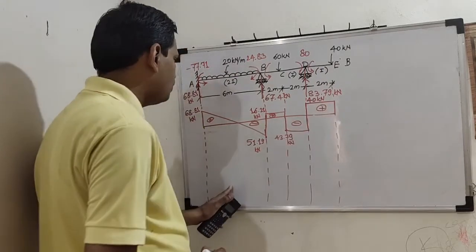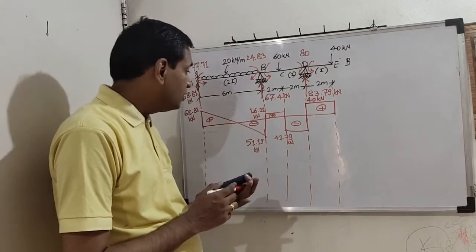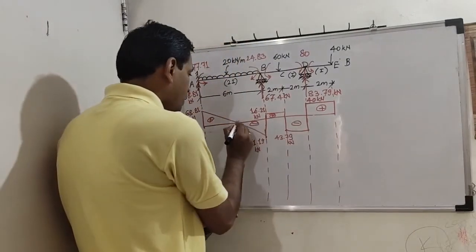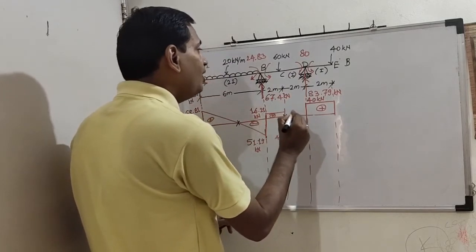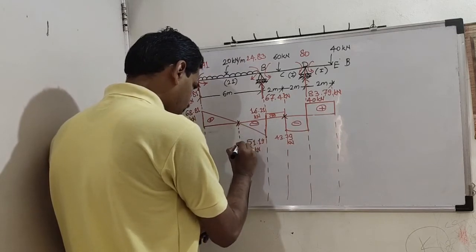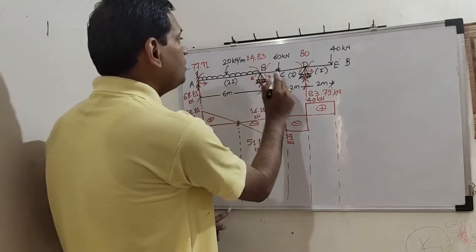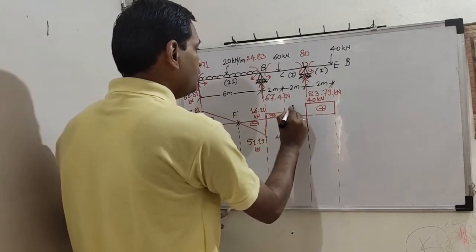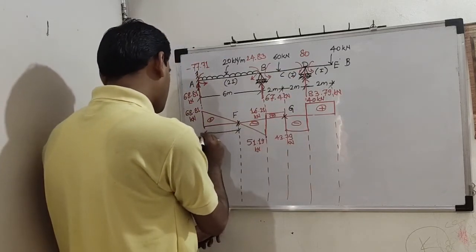So which are the locations of zero shear force? One is here. I will mark them with black color. These are the locations where bending moment will be maximum. So this is A, B, C, D, E. I shall say this as F and then G. First of all, we need this location of zero shear force.